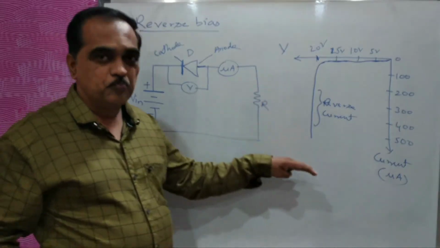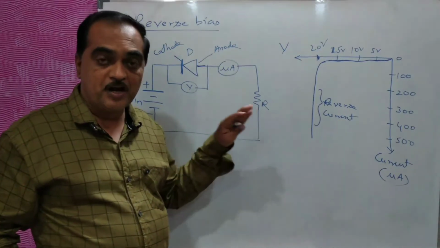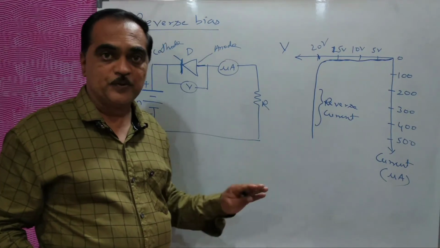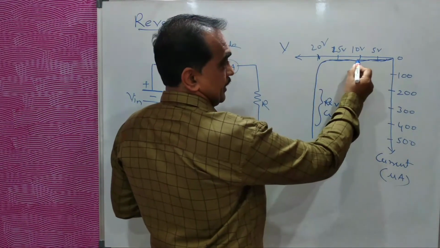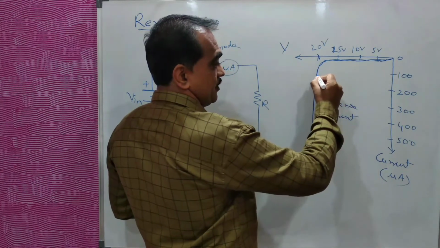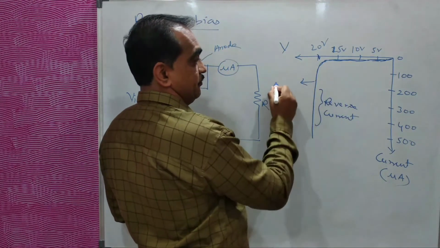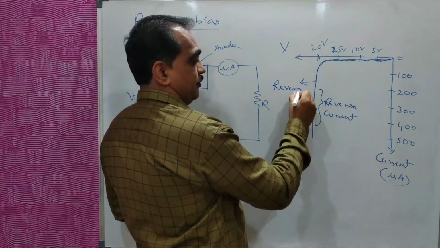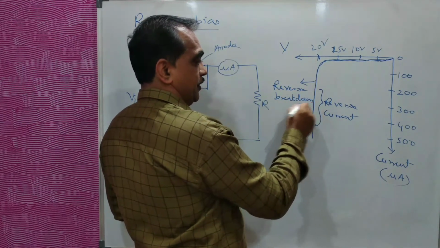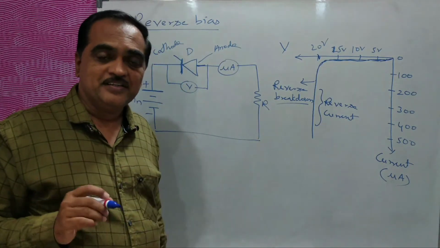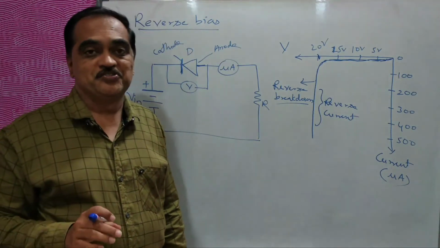If it increases more, then it can damage the diode also. It depends on the capability of the diode. But as you increase the reverse voltage, at a certain stage a reverse breakdown takes place. This is called reverse breakdown. And this current is due to minority charge carriers.